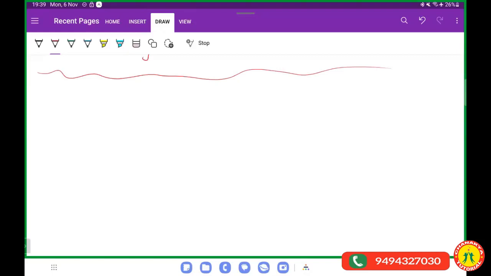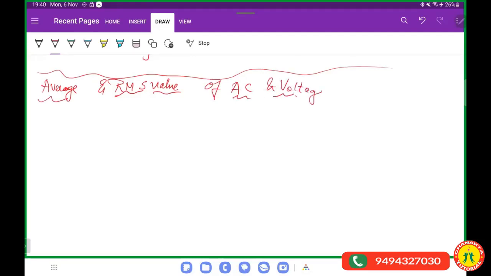So what is that RMS value? Let's see here. Average and RMS value of alternating current and voltage.